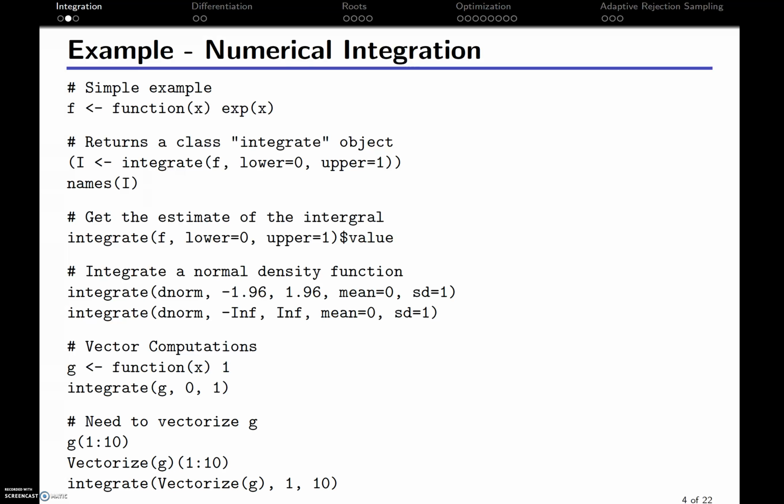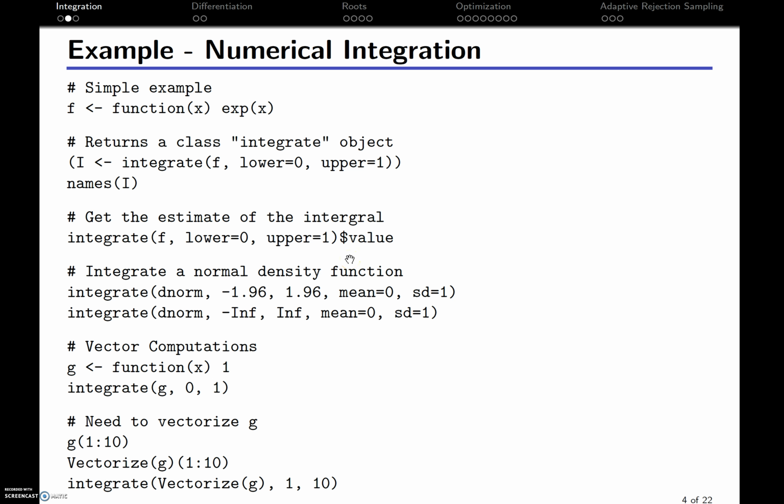You can get the estimate of the integral by using the $value. So usually I save this to a named object, I wouldn't use I though, generally. Name it something more informative. And then you can access that estimate of the integration by using this $value.